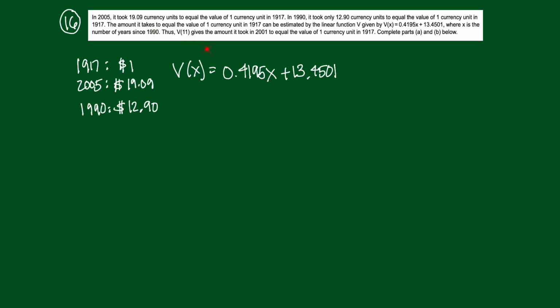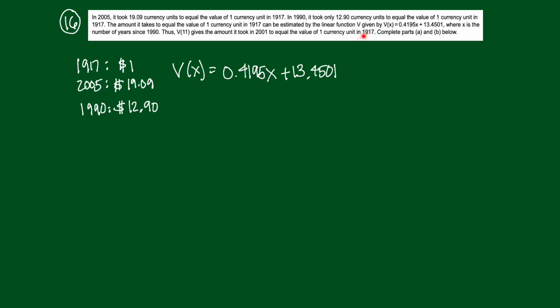So this says the value, if you know the number of years since 1990. Like V of 11 gives you the amount it took in 2001, right? 1990 plus 11 is 2001, to equal the value of one currency unit back in 1917.